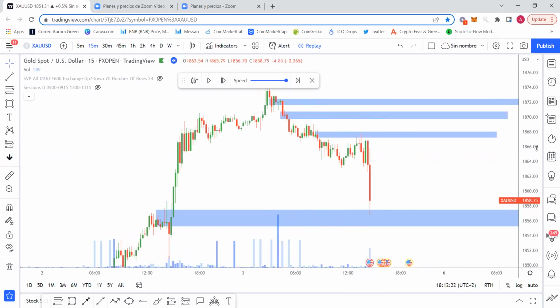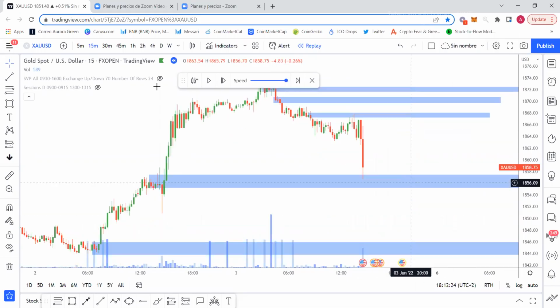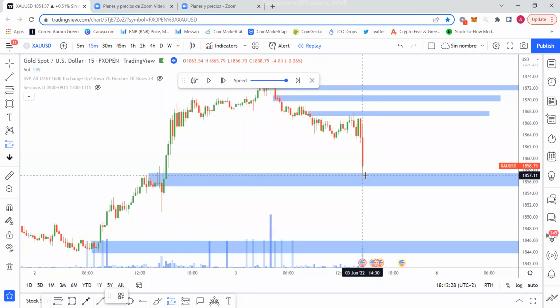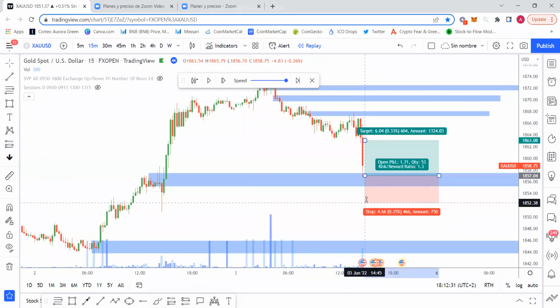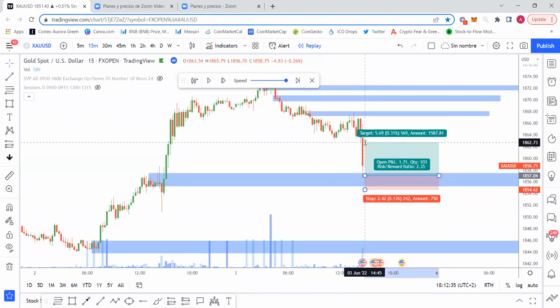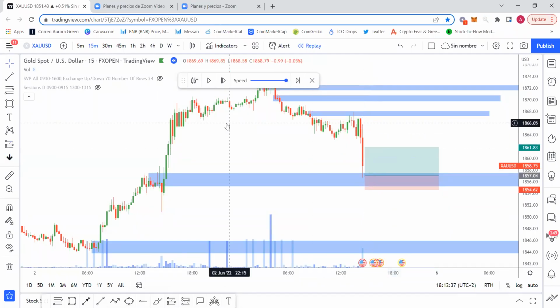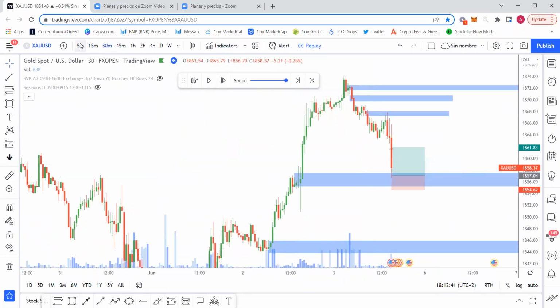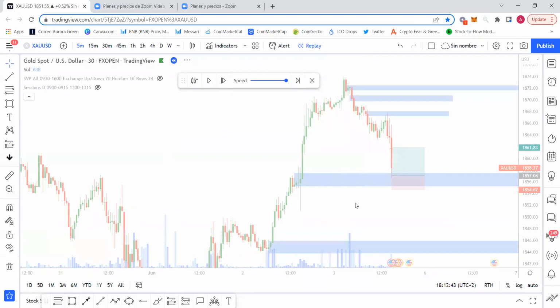If I want to enter a buy in this demand zone, I know I'm going against the trend, so my target will be much tighter, okay? If I'm going against the trend, I will maybe look for targets in the smaller time frames.